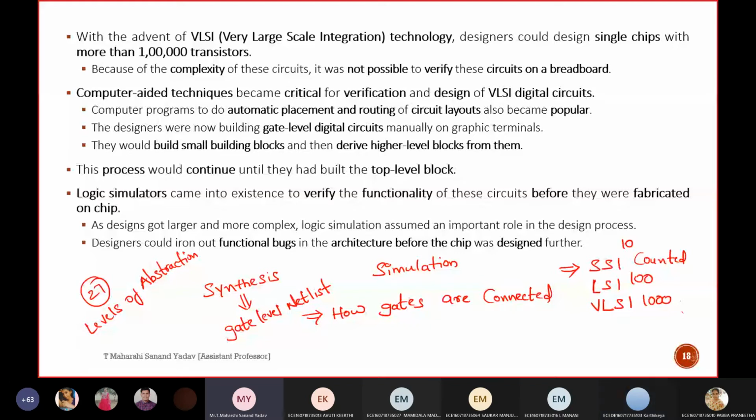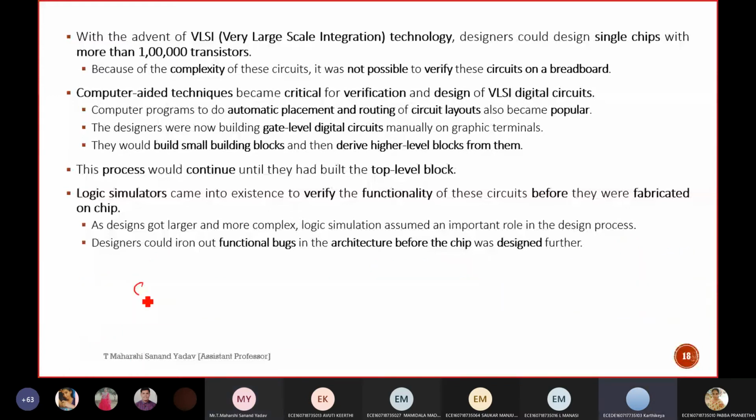Next, roll number 28. What is CAD? Next, roll number 31. Sir, CAD is computer aided design. Okay, what is the use of it?